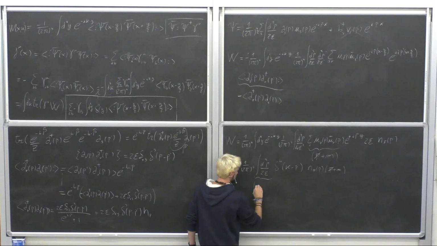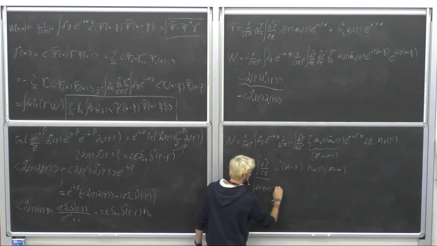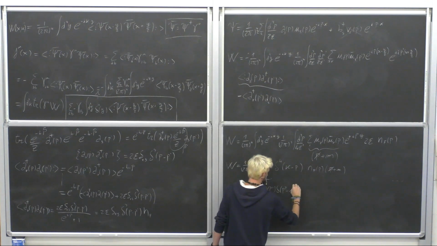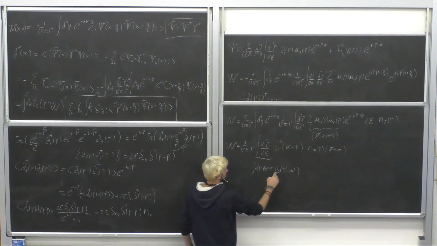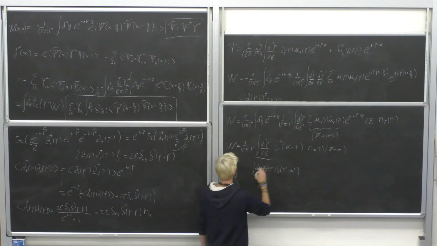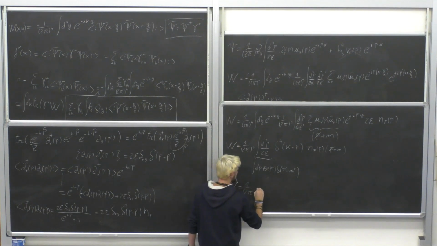And now we are done because this is just the invariant measure. This is the integral d4p theta of p0, and the momentum goes on shell, and therefore we can use this integration here to remove this delta 4, and we get that the Wigner function is 1 over 2 pi cube.